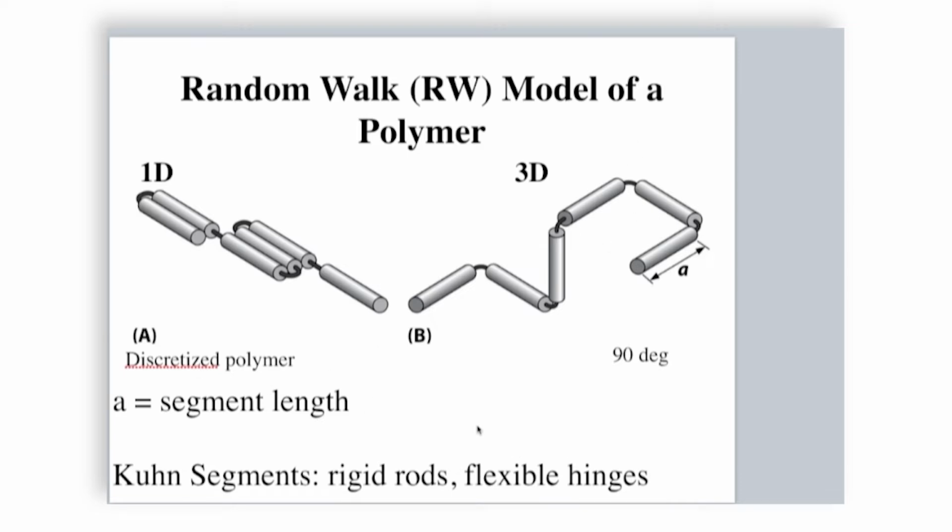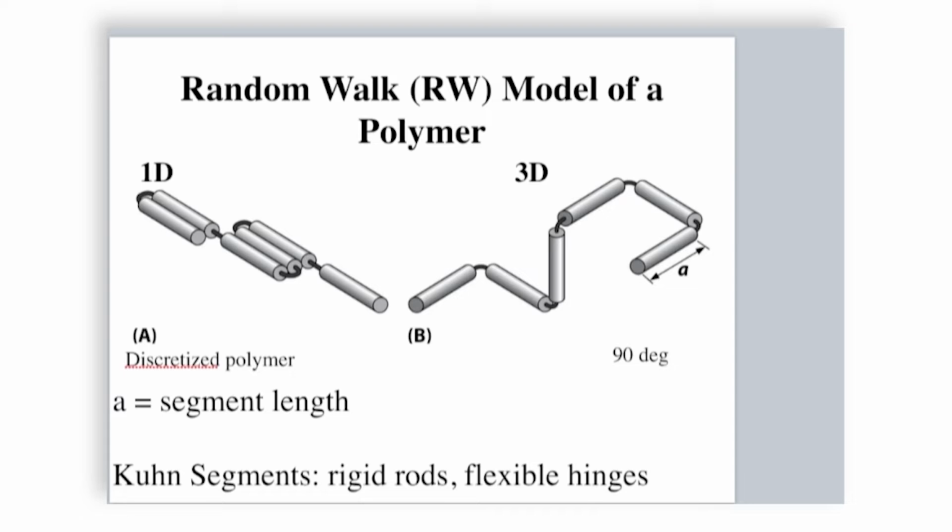These rigid segments then we call Kuhn segments, which are inflexible in the sense that they are of a fixed length and they do not bend or turn, but they are connected by flexible hinges, and this is why this model is also called freely jointed chain. It's like your necklace. Some of you have these beautiful necklaces with segments.